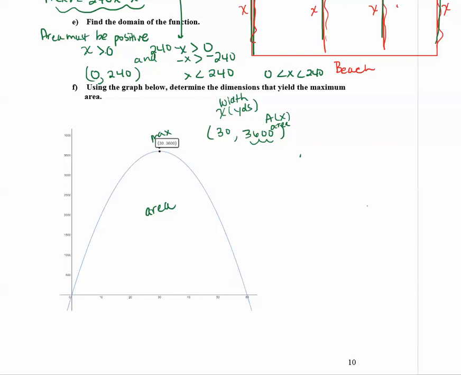So then what are the dimensions going to be? Well, if you just take 3,600 divided by 30, you get 120 yards for the length. So the dimensions to maximize the area would be 120 by 30.